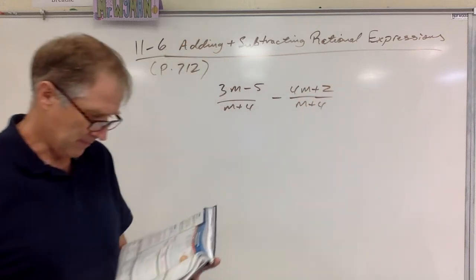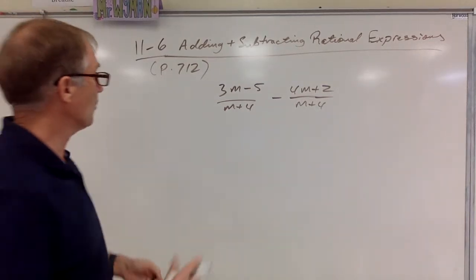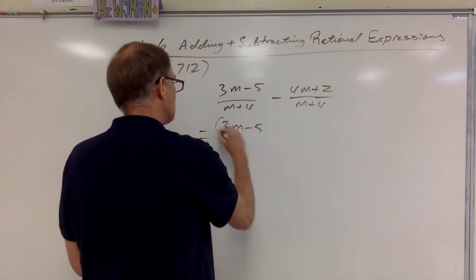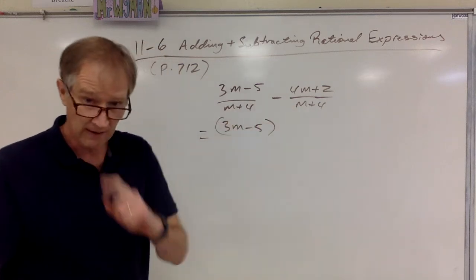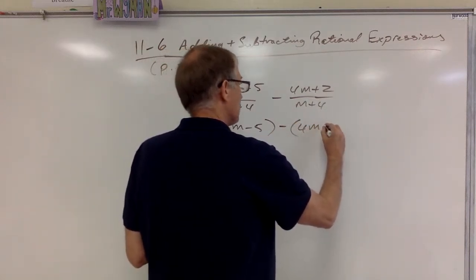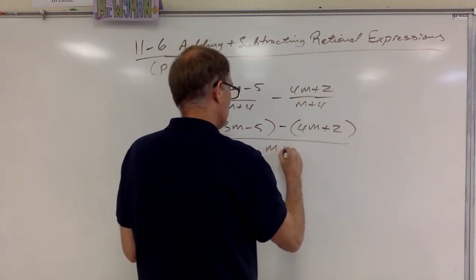They have a common denominator of n plus 4. So we can subtract 3m minus 5. Use parentheses. Subtraction has something you have to be very careful with, all right? I would use parentheses here, all over the common denominator of n plus 4.